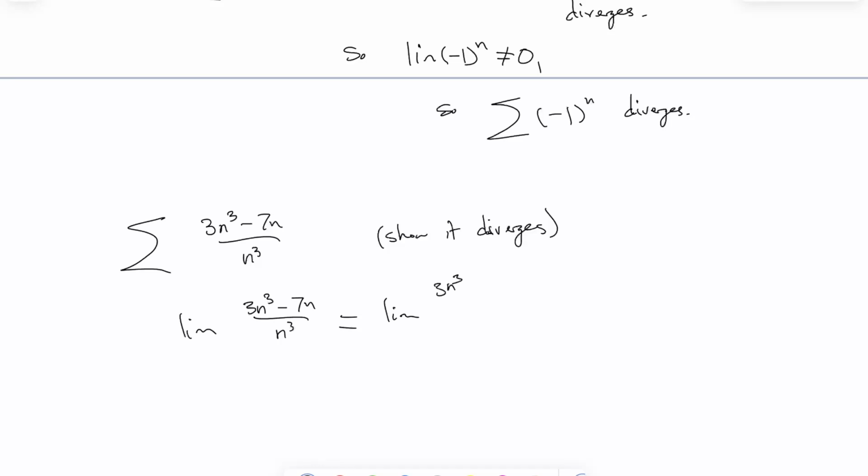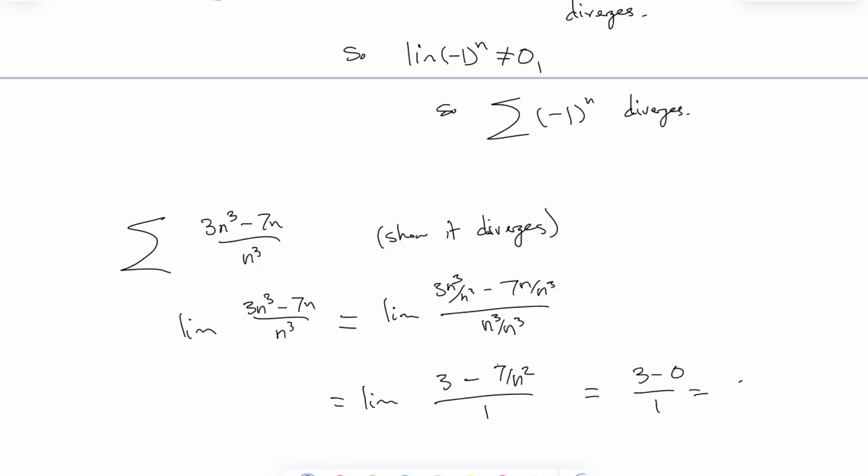So I'd say this is 3n cubed over n cubed minus 7n over n cubed, divided by n cubed over n cubed. That's 3. This is minus 7 over n squared divided by 1, right? And then I take the limit. It makes that 7 over n squared go to 0. And then all that's left over is 3 and 1. So this is 3 minus 0 over 1. The answer is 3.